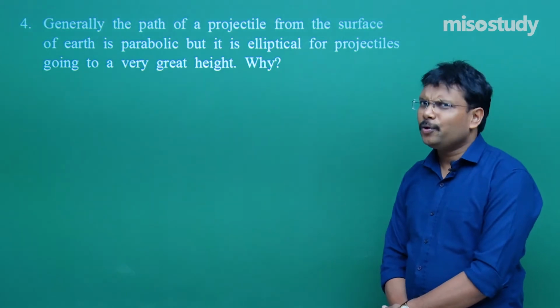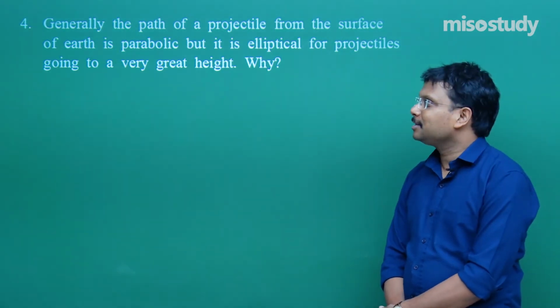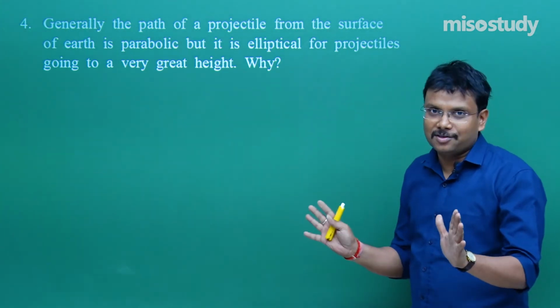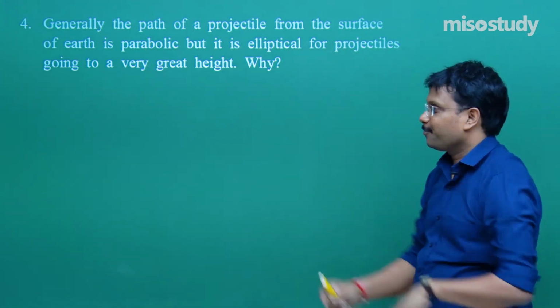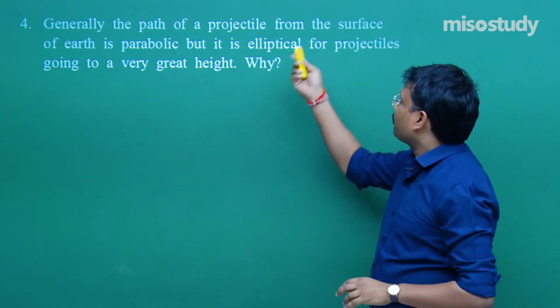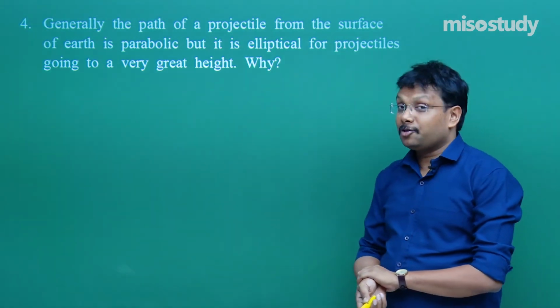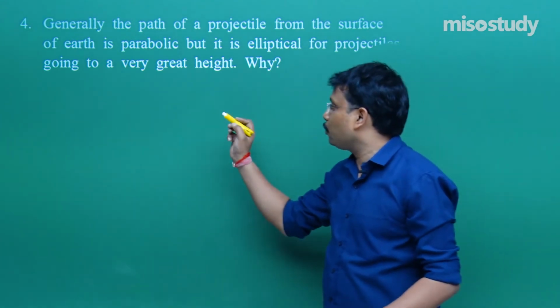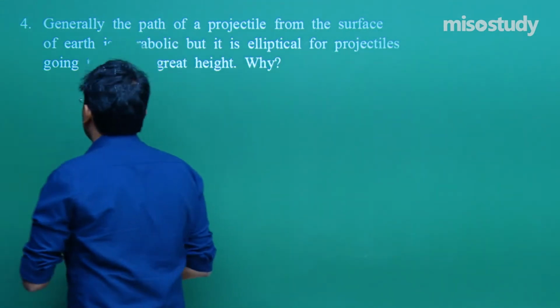Why? So in 2 marks, at least to score these 2 marks, you have to write down 2-3 lines. And what are those lines? Path of a projectile from the surface of earth is parabolic because of one term, and that one term is, I think I should write down the complete sentence.